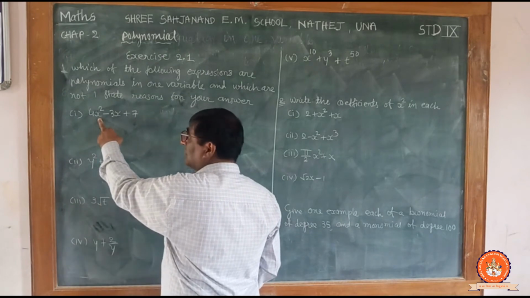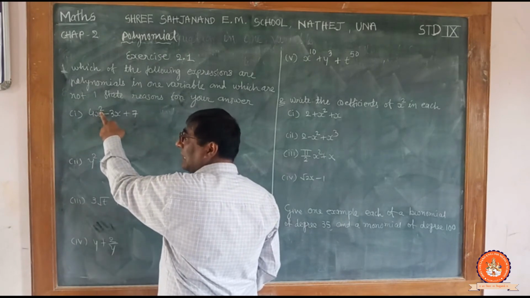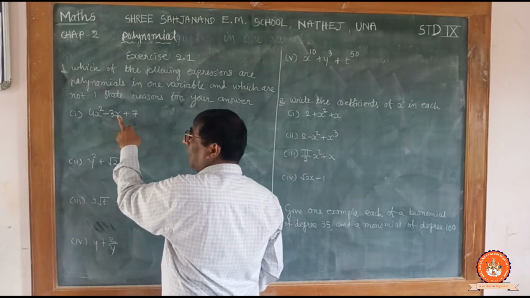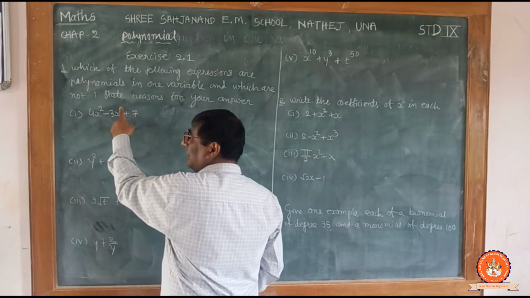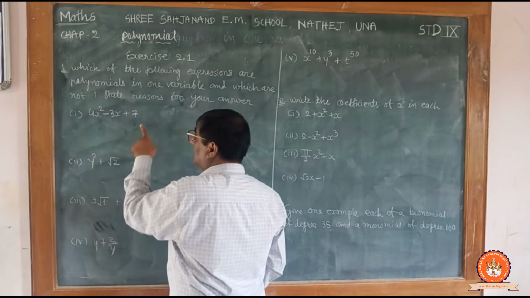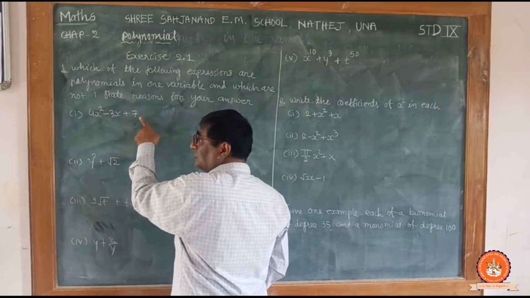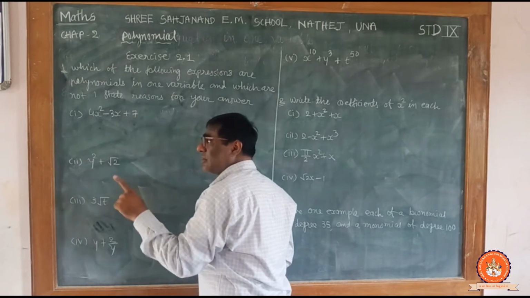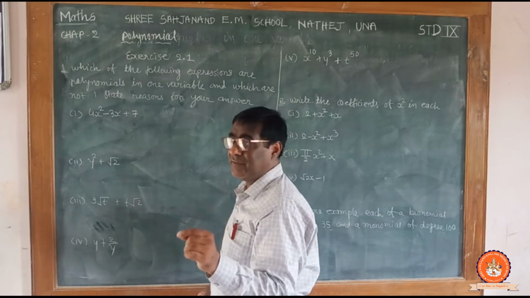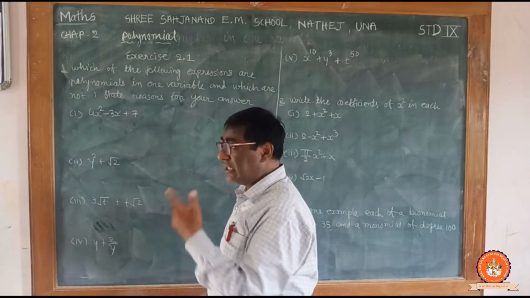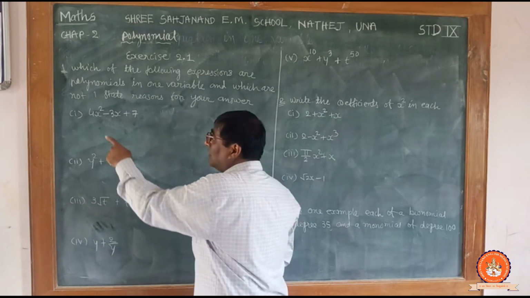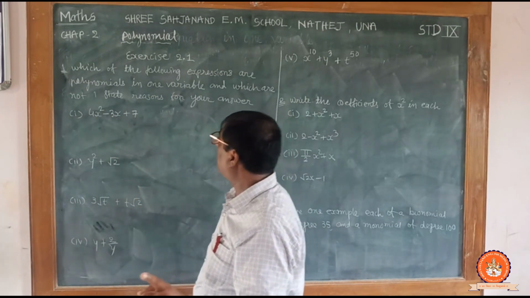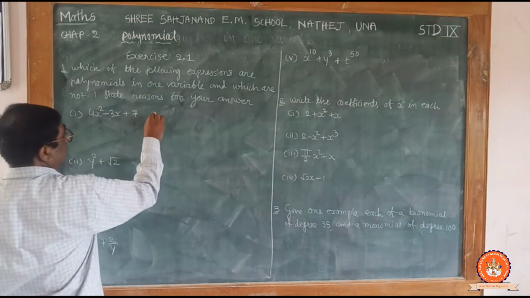In the first term x has power 2, and 2 is a non-negative integer. Here minus 3x, the power of x is 1 and 1 is a non-negative integer. 3 is a constant term, so x is also there with power 0, and 0 is also a non-negative integer. Moreover, see, there is only one variable. So this one is a polynomial in one variable.